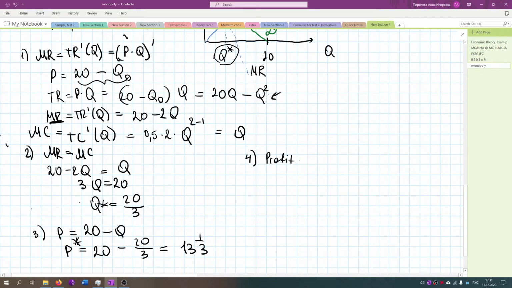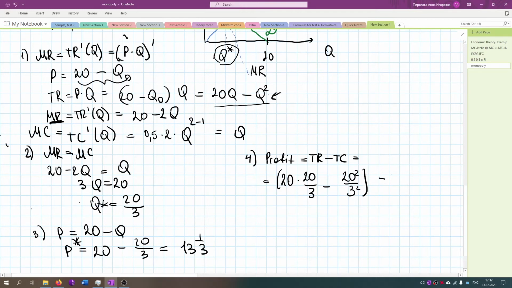Profit is equal to total revenue minus total cost. So our total revenue, let's compute it using our equation of total revenue and our optimal Q. 20 multiplied by 20 divided by 3 minus 20 divided by 3.